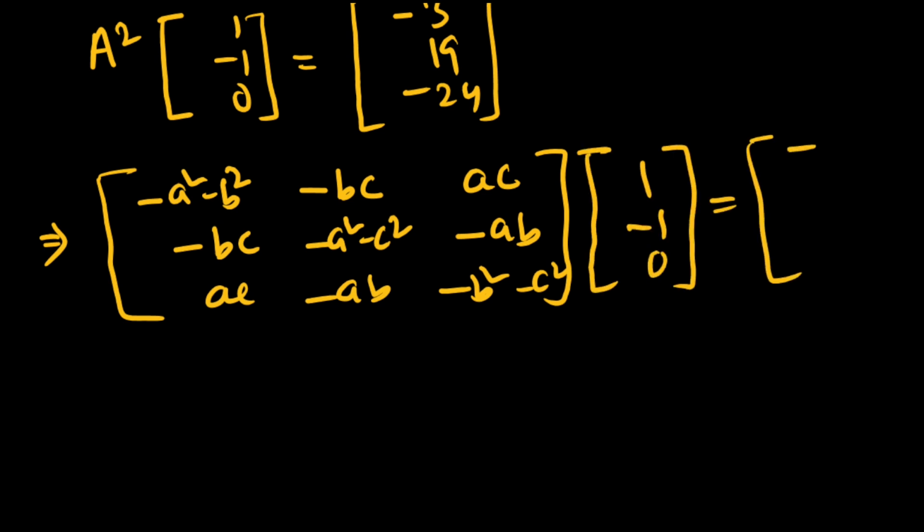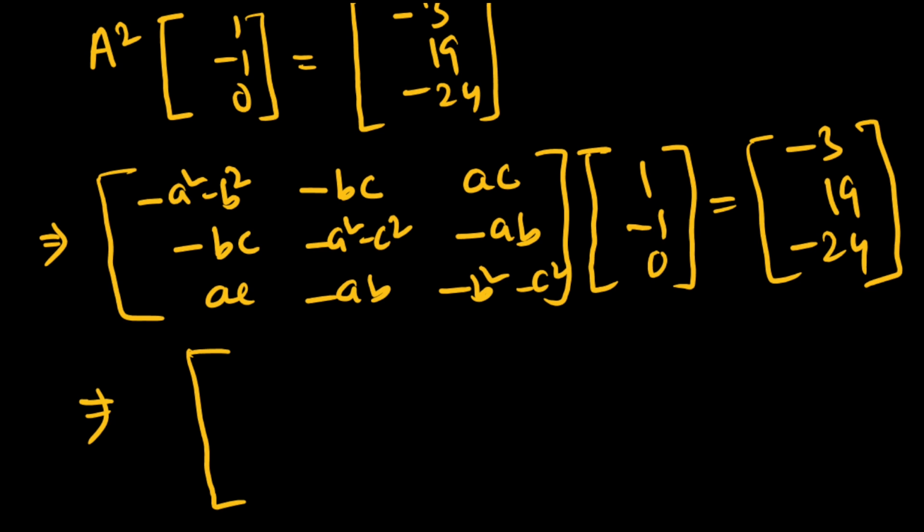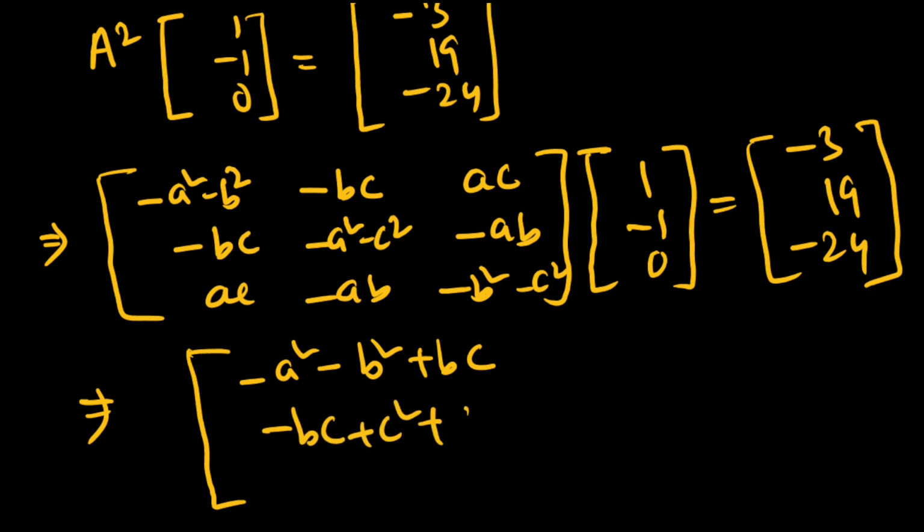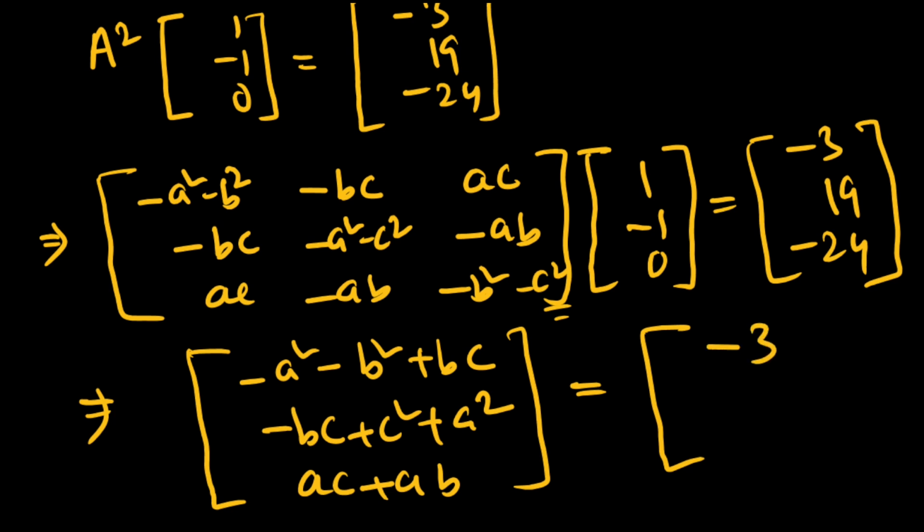If we multiply these two matrices, we get a matrix with entries minus a square minus b square plus bc, minus bc plus c square plus a square, and ac plus ab. That is equal to minus 3, 19, minus 24.